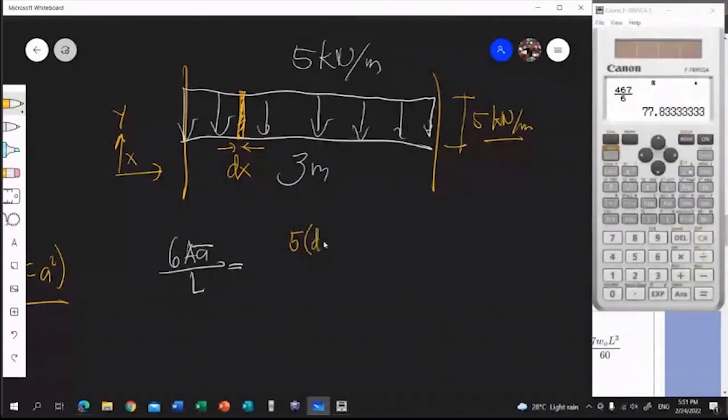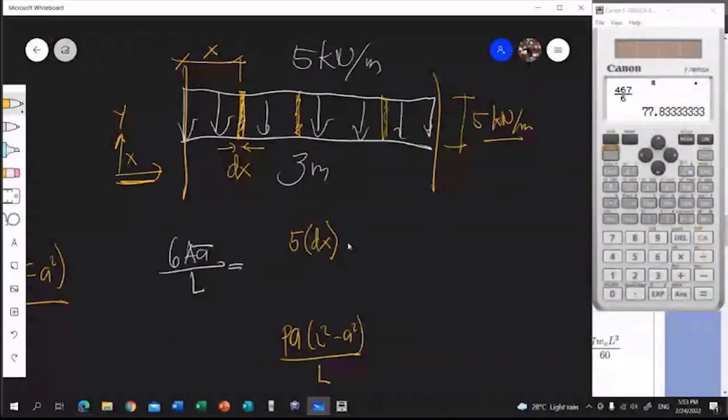Multiplied by dx, that is your P. The formula is P a L squared minus a squared over L. This is X, that is the a. And then your L is 3 squared minus X squared all over 3.